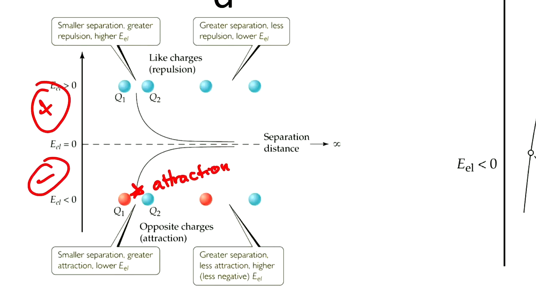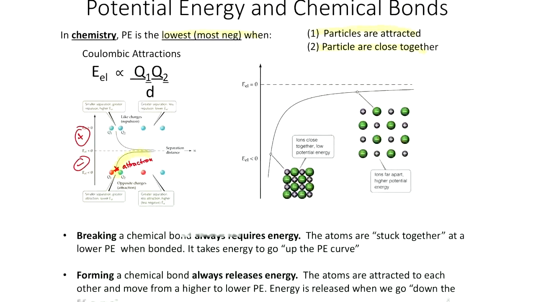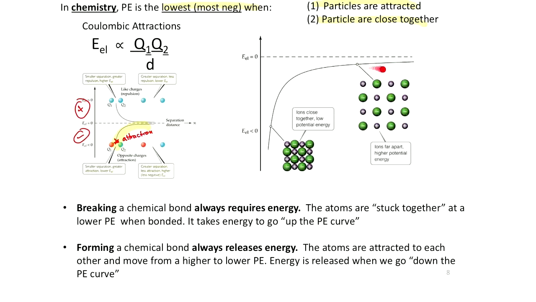So again, we want to be operating in this attractions realm where things are attracted and close to one another. We get this negative potential energy that is very, very stable, and so therefore most commonly seen in nature. And so we can relate this to chemical bonds, all right?